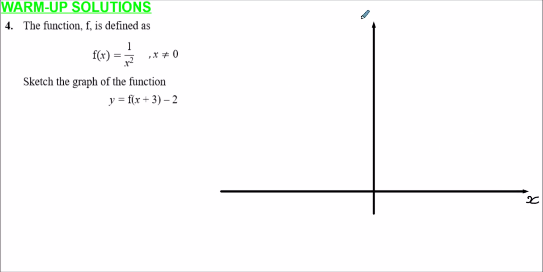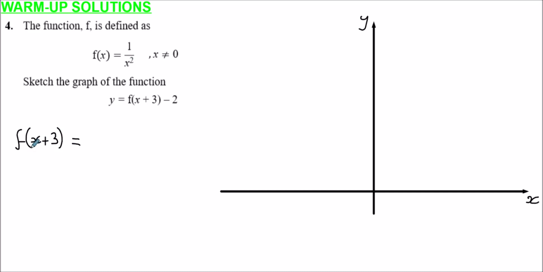So this is just harking back to transformations of graphs. If we have f of x, let's first of all consider what f of x plus 3 would be like. I'm just going to swap our input, which used to be x, for x plus 3. So whatever the input is, we do 1 over it squared.